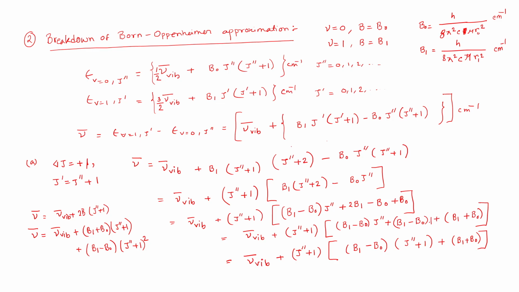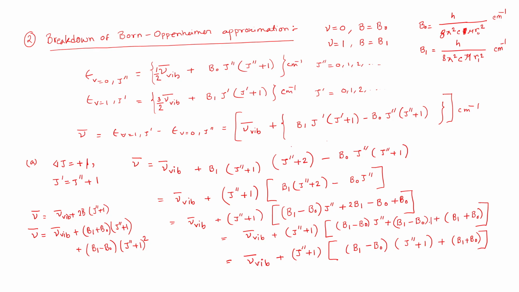In the excited state, V is equal to 1. Yes, excited vibronic means the first excited vibronic level compared to the ground vibronic level. It should increase. It should increase, meaning R1 should be bigger than R0, right?